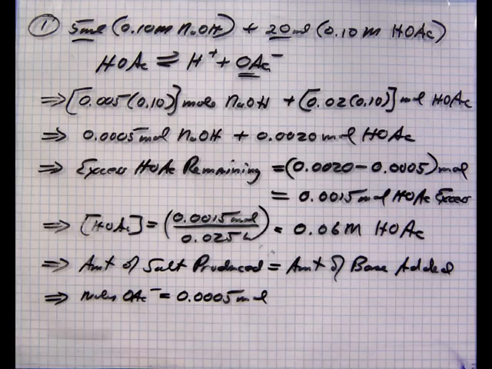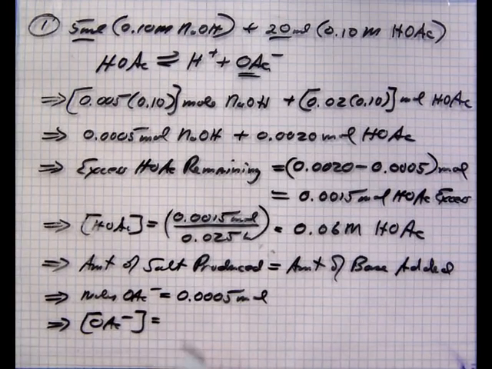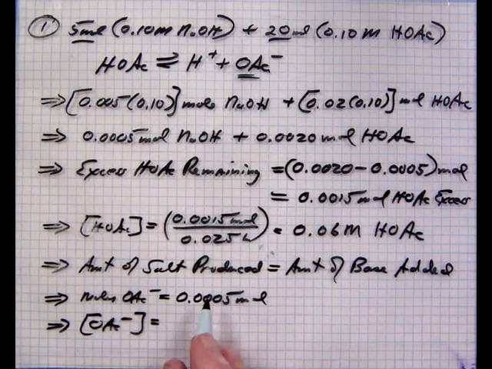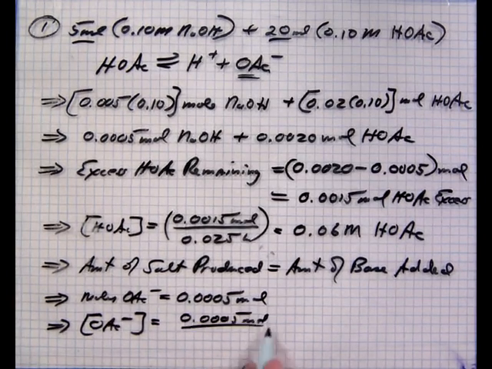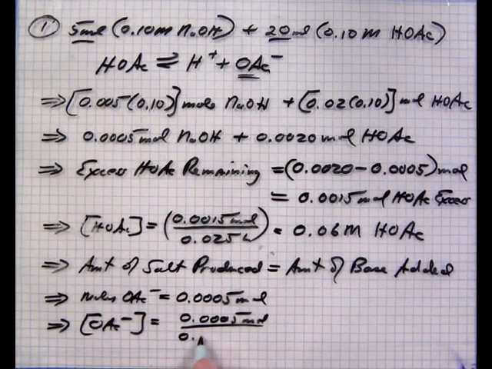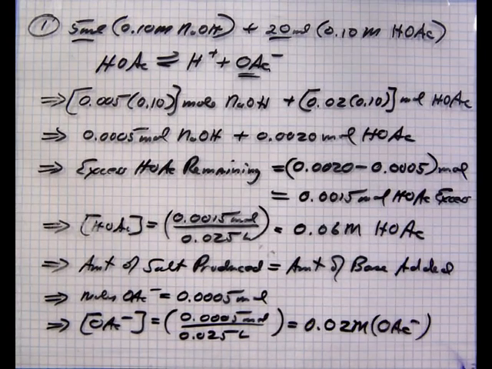Okay, and the concentration of the acetate ion now is equal to 0.0005 mole over the 25 milliliters, 0.025 liters, giving 0.02 molar in acetate ions, along with the 0.06 molar acetic acid.